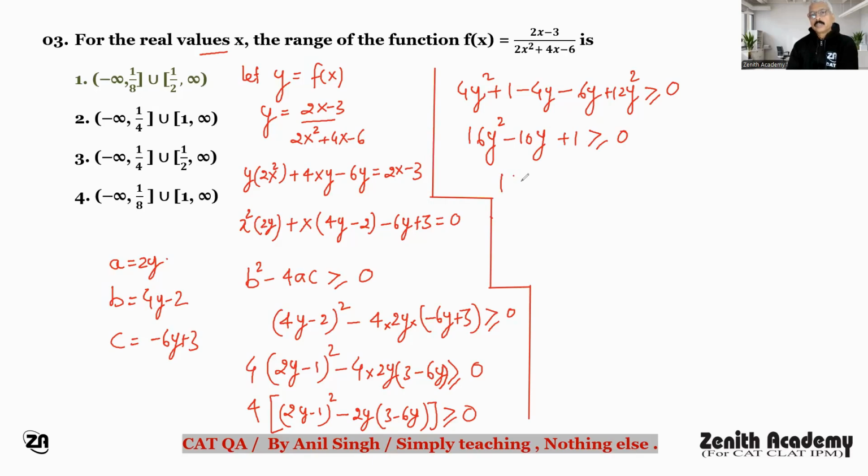So here it is 16y square minus 8y minus 2y plus 1 greater than or equal to 0.